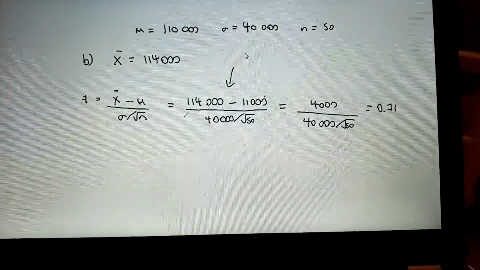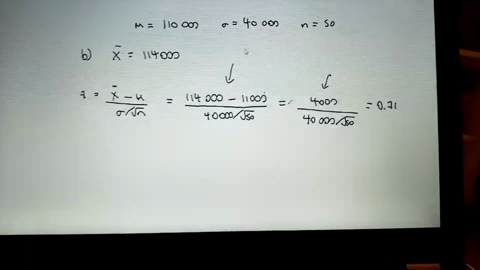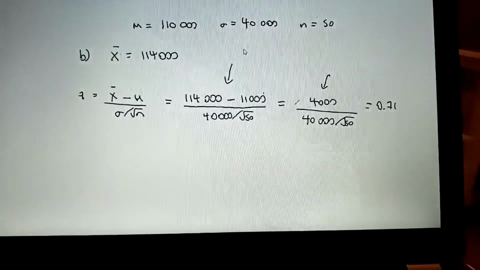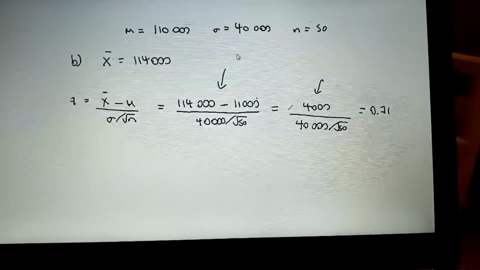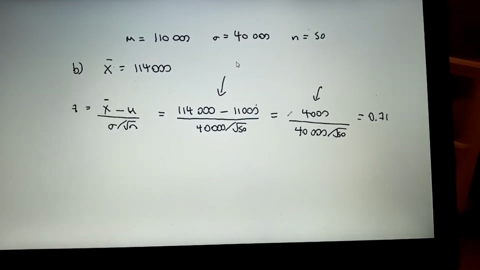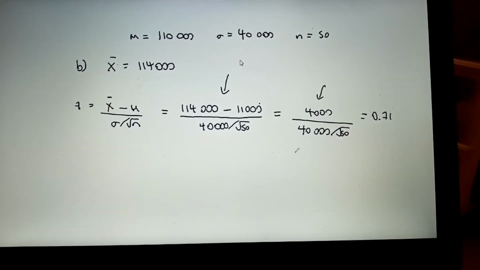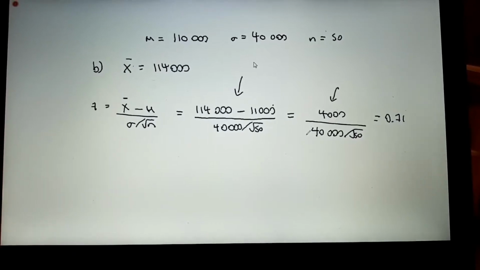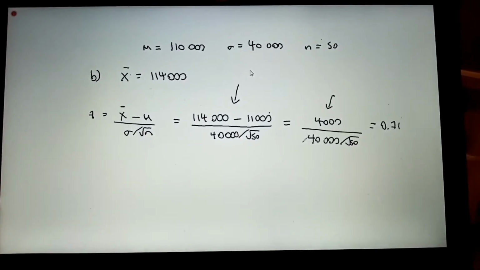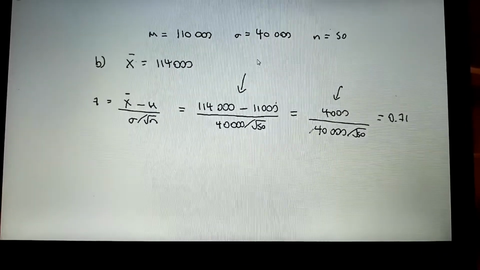That's why I always take a second to figure out the actual top value, and then divide by the bottom, so you don't have to worry about that. So 4,000 divided by all the bottom stuff, you get 0.71. So hopefully everyone got that same Z score. That right there is your Z score for this question.